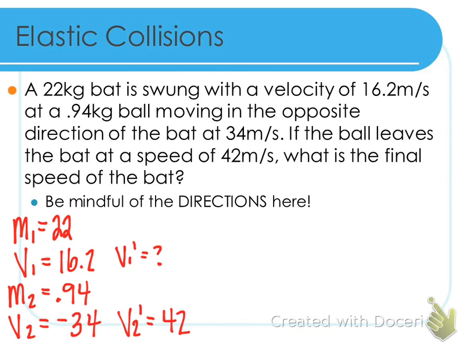If you want to go ahead and plug these things into your equation and see if you can match my answer at the end, that's fine. Go ahead and pause and do that now. If not, I'm going to go ahead and work through the whole problem. I'm going to use my elastic collision equation.